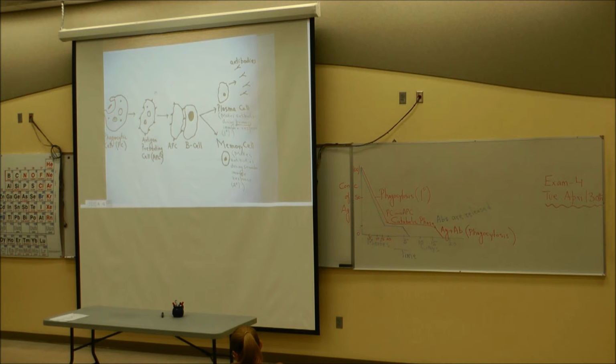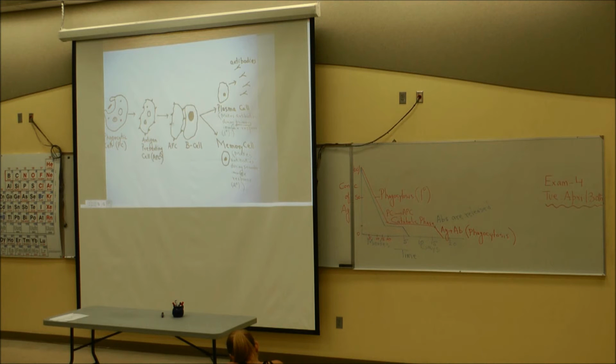So you have an arrow going here, another cell here, labeled T helper. Then you have 3 cells: APC, B cell, and T helper cell. You may want to make a little note here: T independent. This process is T independent. There is no helper cell.